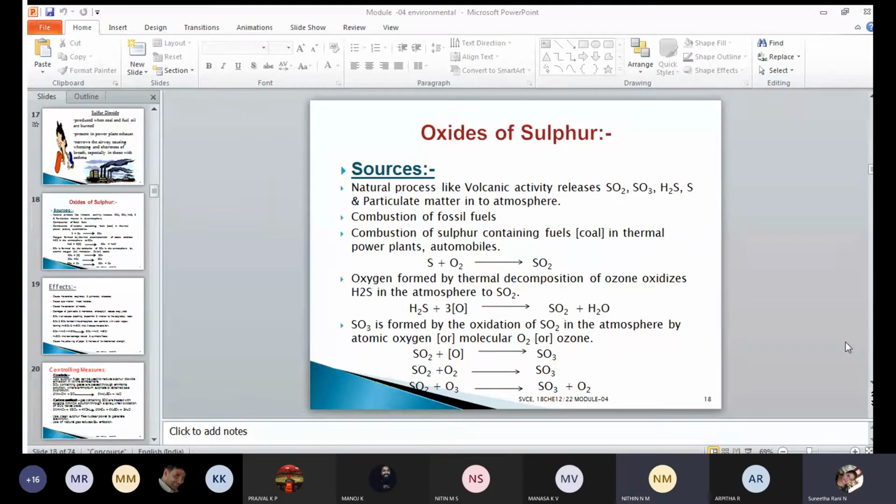About environmental pollution, ma'am. Till where did we complete? Effects, oxides of sulfur have been done?